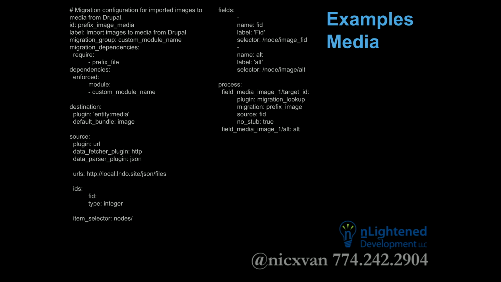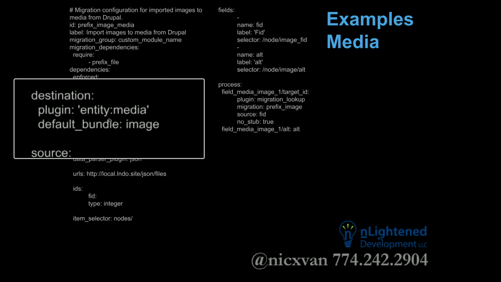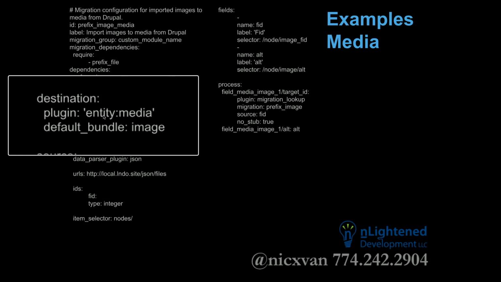This is a media entity. So this is a good example of the first time that you'll need to chain a migration. Whenever you migrate an entity that points at an entity, you need to migrate the sub-entity first. So this is a media image entity, and you can see right here, the plugin is entity media, and the default bundle is image.